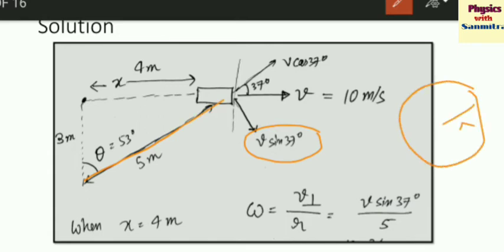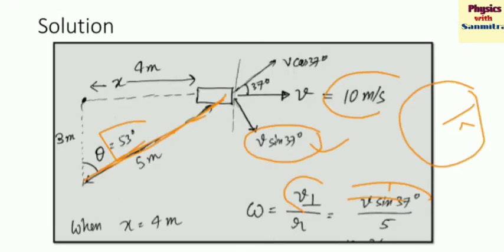But here what is happening? This radius is increasing, and this theta is also changing. This V is constant. That is why this V sin 37 will also change. Okay, so I am just finding it at one instant. It is not that this is the angular velocity always. Now this V perpendicular is V sin 37 degree divided by this length, which is 5. So what is the answer?